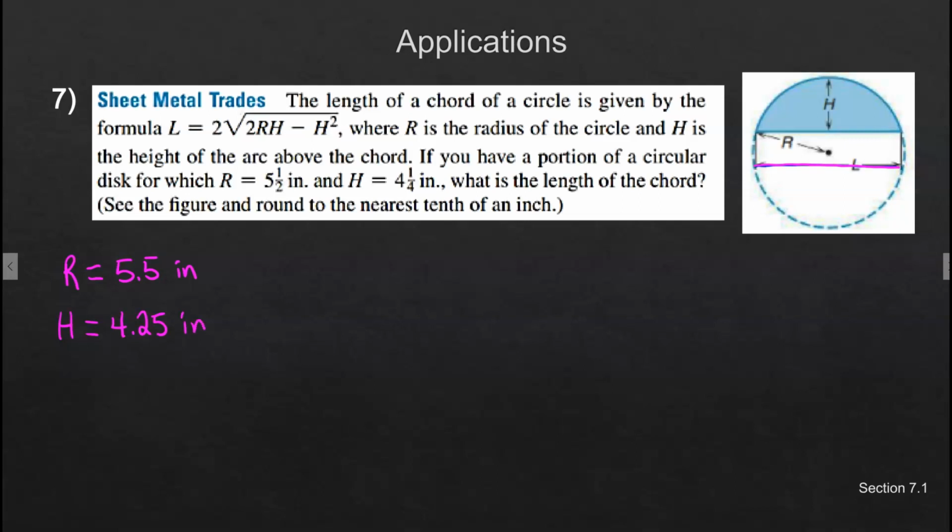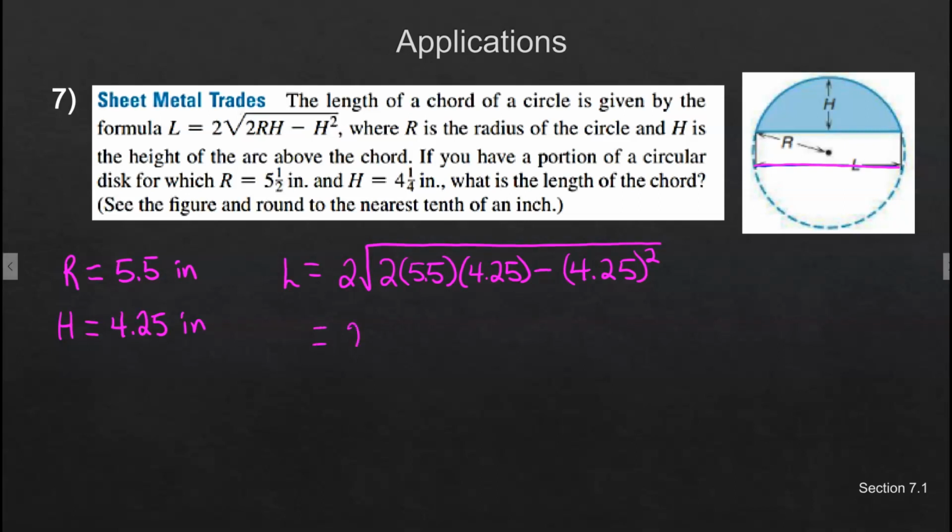All right, so let's work with this formula. So 2 times the square root of 5.5 times 4.25 minus 4.25 squared. We'll go ahead and put that in parentheses, squared. And then we'll just do some calculating here.